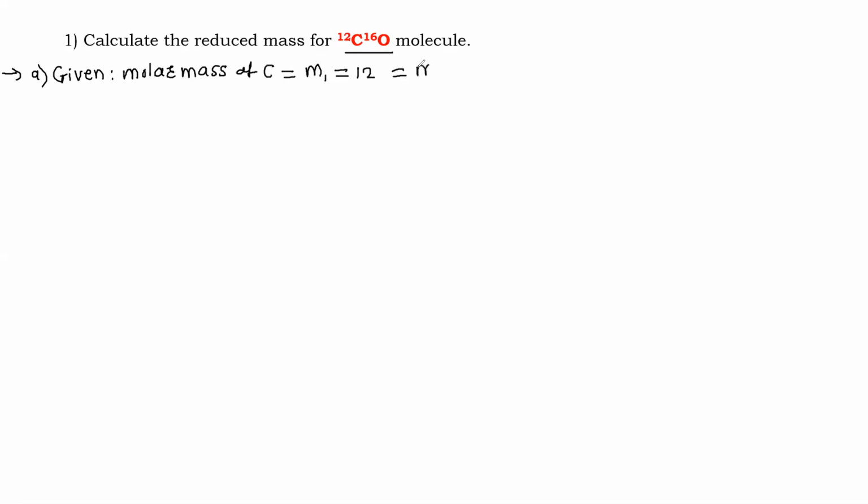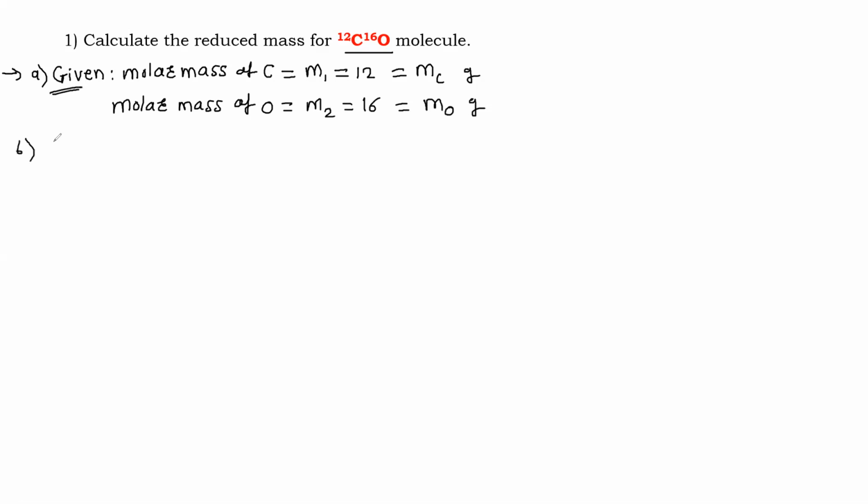You can also write MC instead of M1, and it is given in gram. Similarly, you have to write down the molar mass of oxygen atom, that is M2, and it is 16. You can write MO instead of M2. The molar mass is considered in gram.